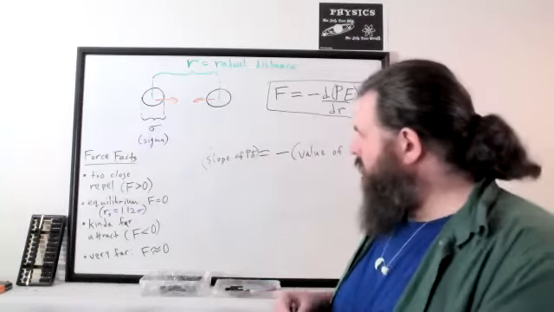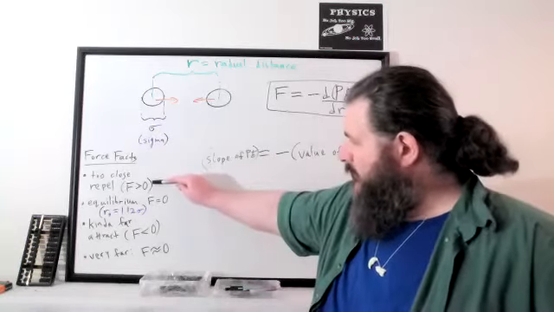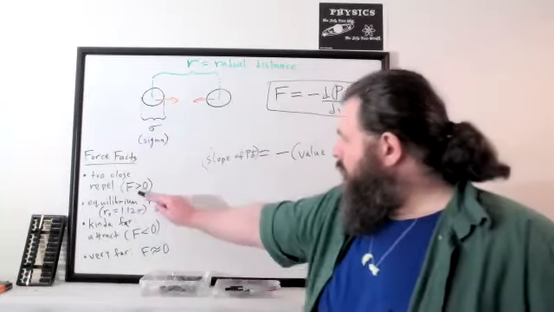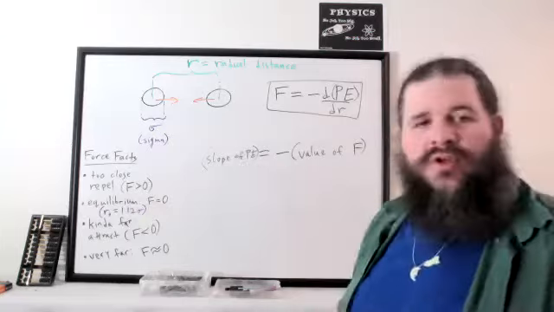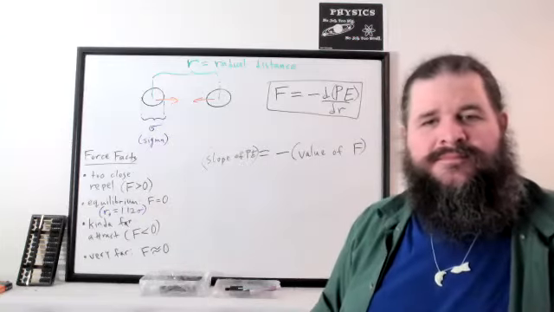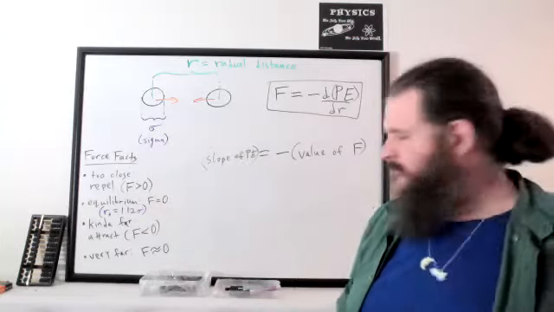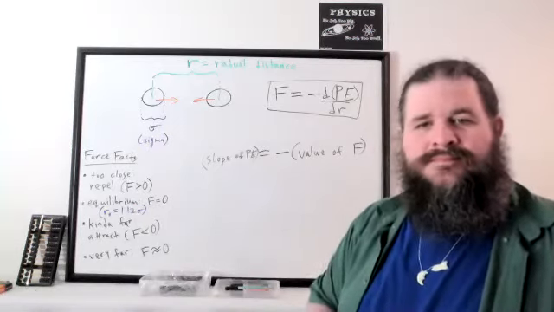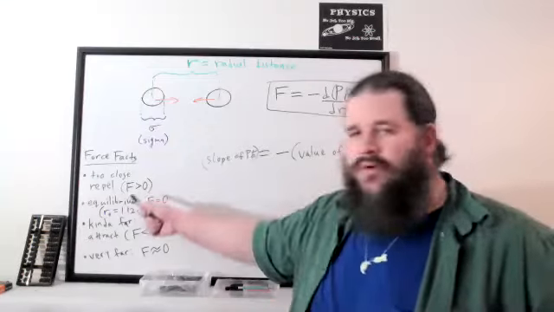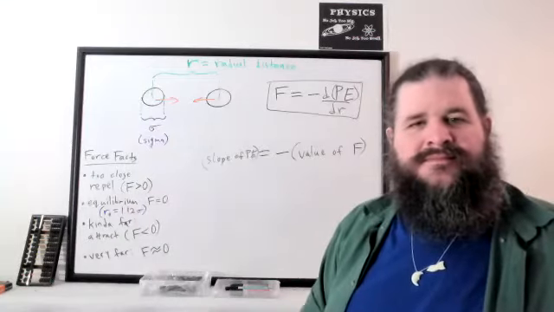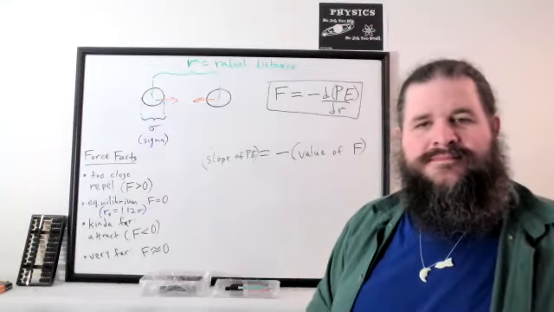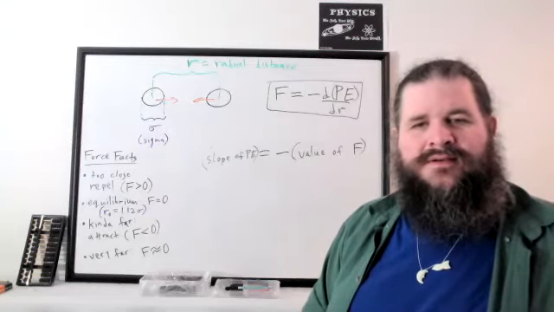For example, we know that the force is repulsive, greater than 0, if they're too close. If the force is greater than 0, what does that tell you about the slope of the potential energy graph? Positive force means what?